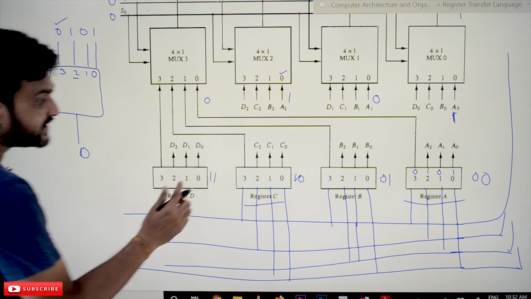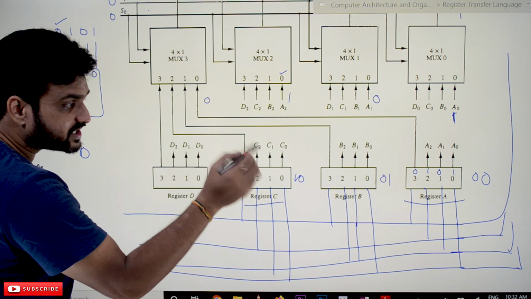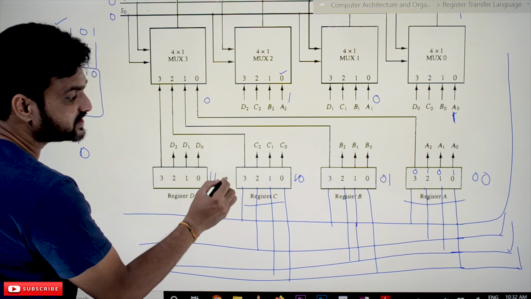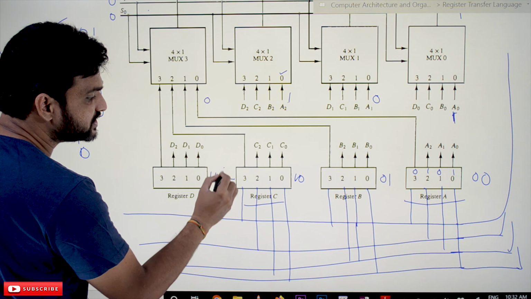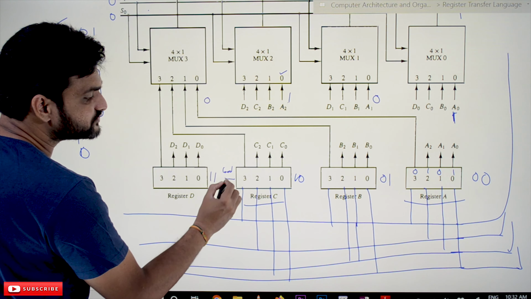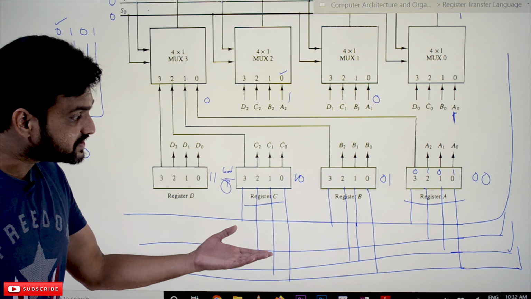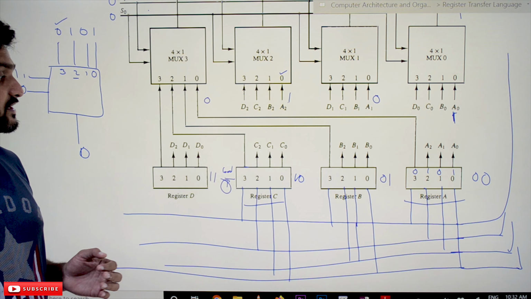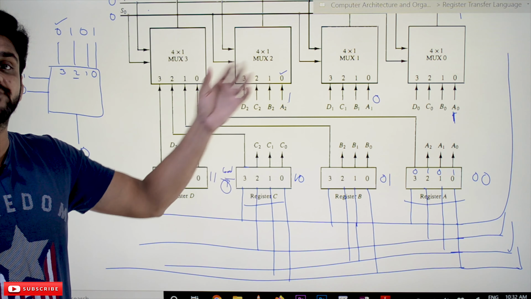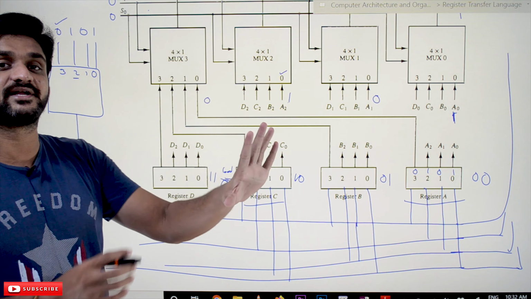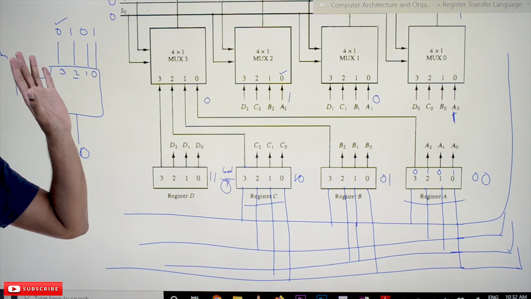Okay, so now whenever we want to transfer the data onto register C, what we should do is we should give this load as 1. Whenever we give this load as 1, the data on this common bus will get transferred into this memory. So this is done by the control signal. How those control signals will get generated, that we will try to understand in our later classes.